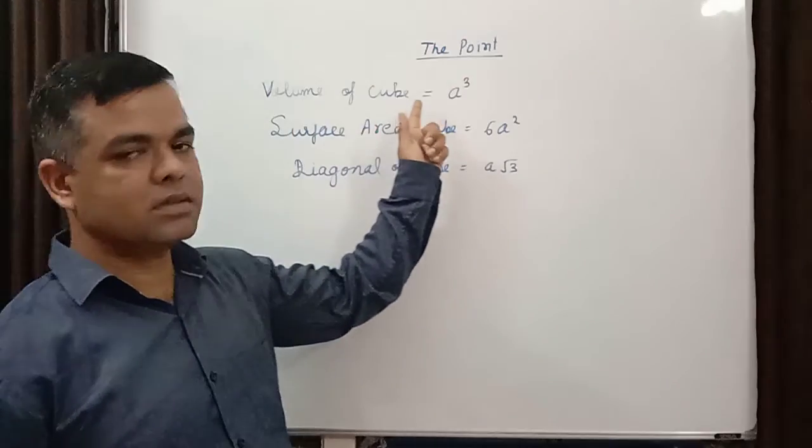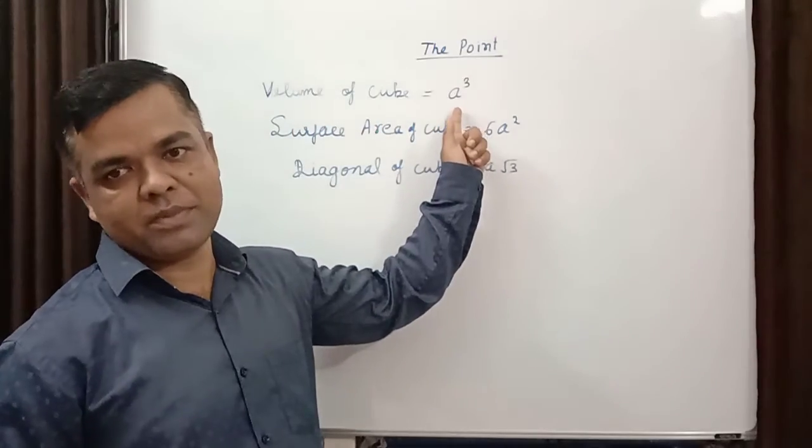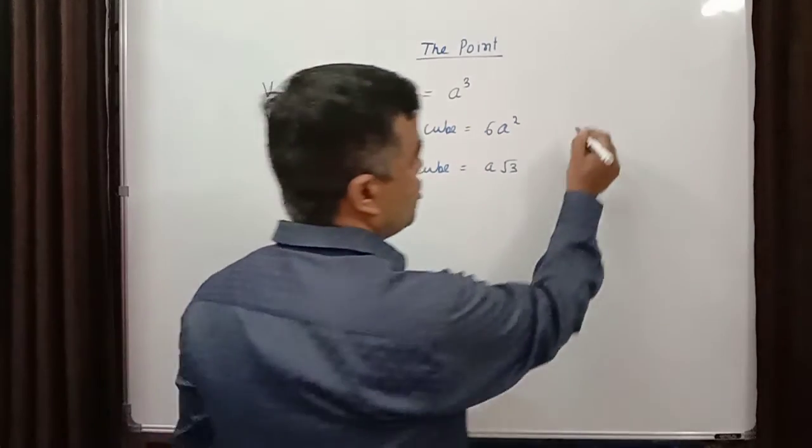Volume of the cube is side cube. A means side of the cube. Make one cube here.